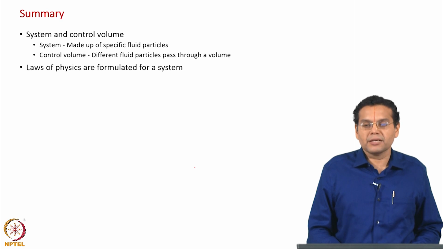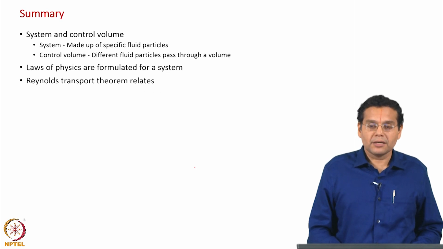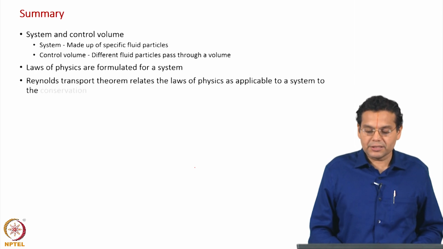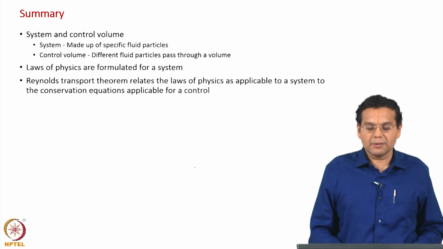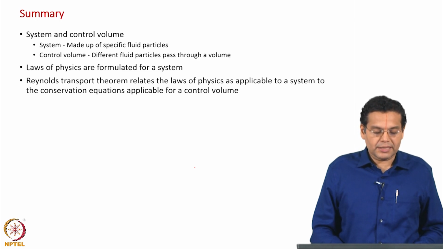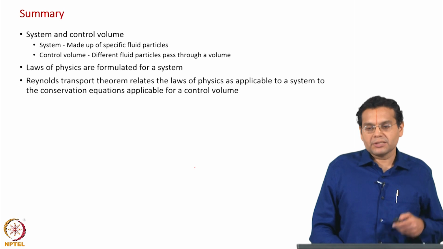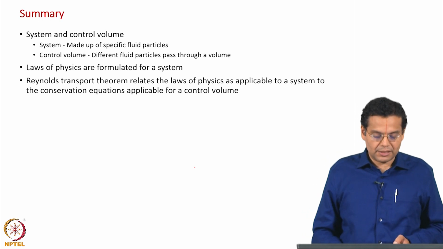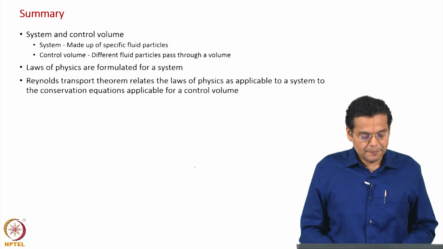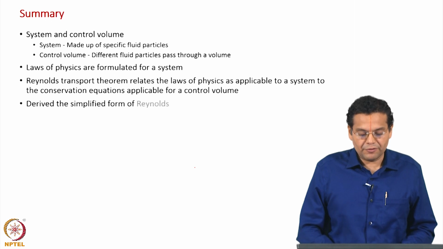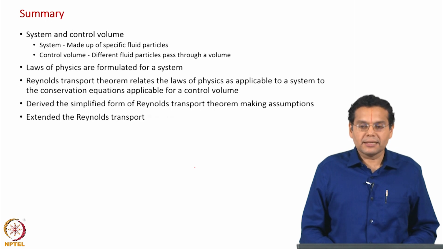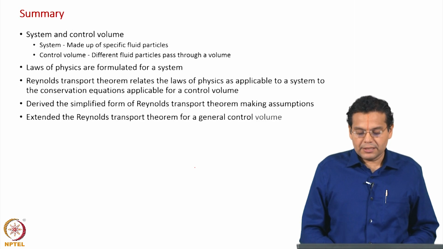Laws of physics are formulated for a system, and Reynolds transport theorem relates the laws of physics as applicable to a system to the conservation equations applicable for a control volume. I think now this sentence makes more sense. The derivative on the left hand side was for system, the right hand side all related to the control volume. How exactly we are going to apply that we will see as we go along. We derived the simplified form of Reynolds transport theorem, making assumptions, and then extended the Reynolds transport theorem for a general control volume.